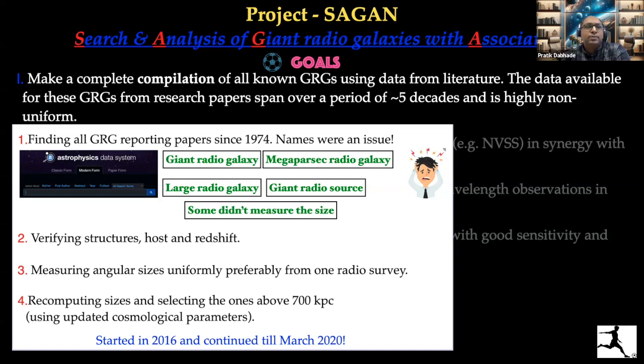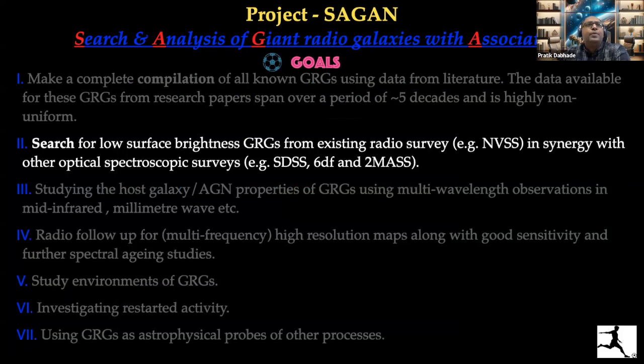So basically we needed to take all the sources, verify their structure with new data, and then construct the catalog uniformly so that we don't have any erroneous sources. This took quite a lot of time, but it was rewarding.